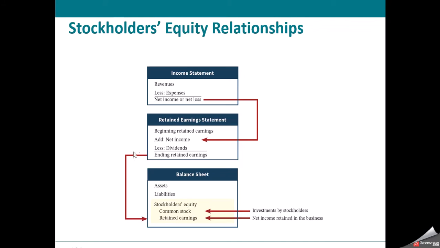Then our retained earnings will roll down into our balance sheet. And again, we'll look at the accounts and we'll identify what is an asset, what has future potential for us, something that we own. We'll look for liabilities, what are payables, things that we owe people or businesses or creditors. And then what's our equity? What do our owners hold?